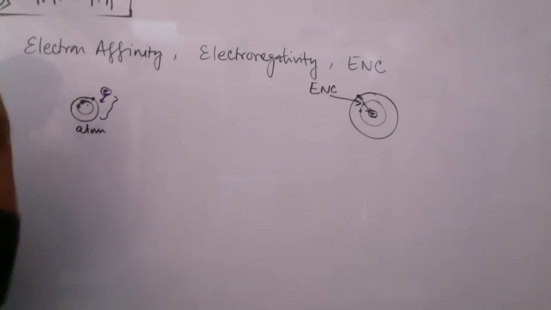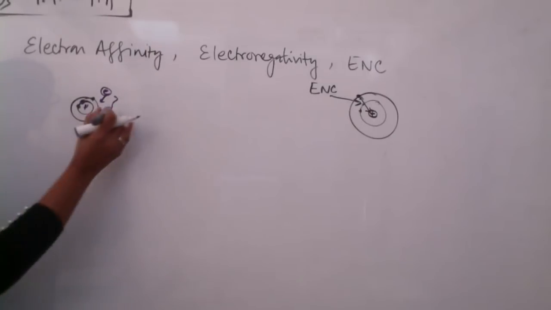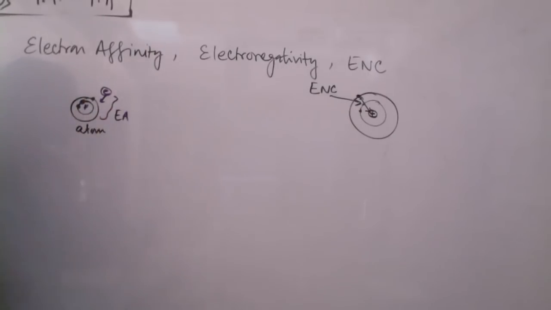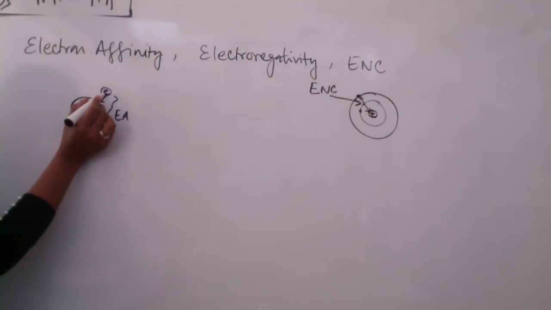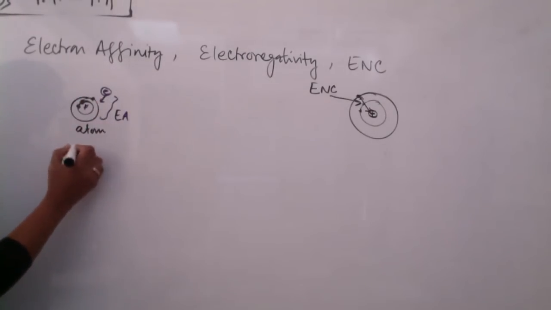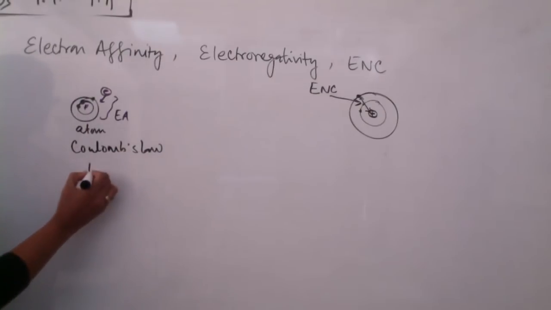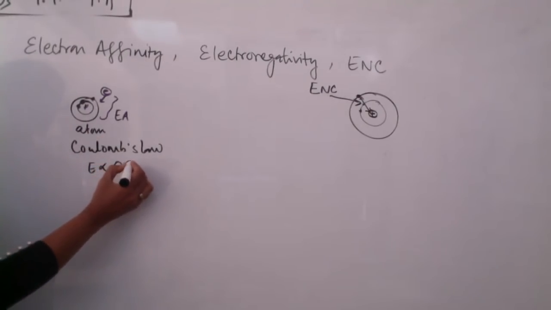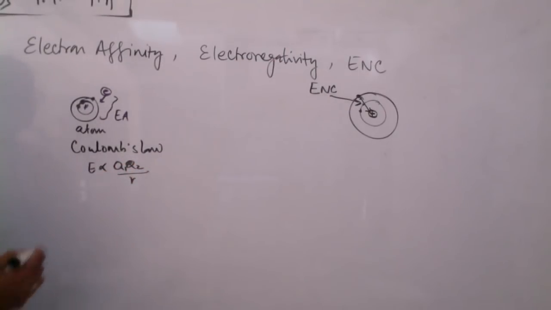How much attraction will this incoming electron feel from the nuclear protons? That's called electron affinity. And this, because the protons are attracting the electron, will be defined by Coulomb's law. Coulomb's law says that the amount of energy released, electron affinity, will be proportional to the product of the charges and inversely proportional to the distance between them.